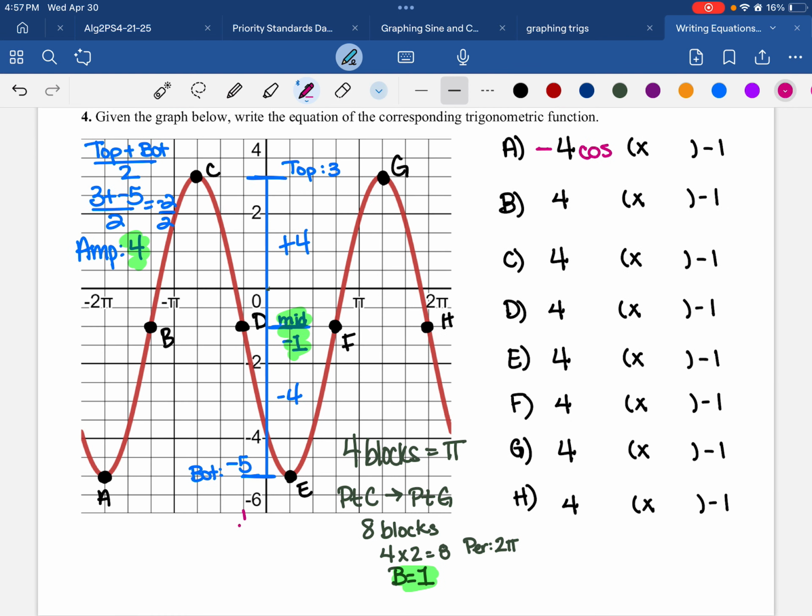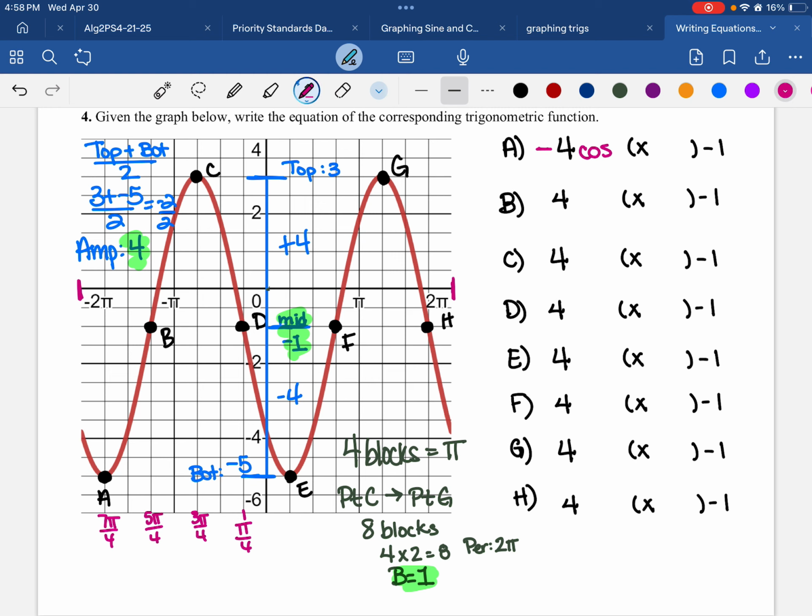So if this block is pi over 4, this block would be 3 pi over 4, 5 pi over 4, and 7 pi over 4. Remember, 2 pi could be literally right here, and 2 pi can be right here, so don't assume.